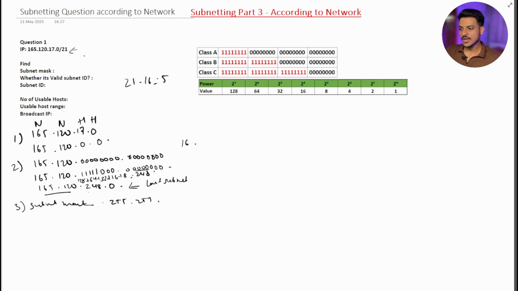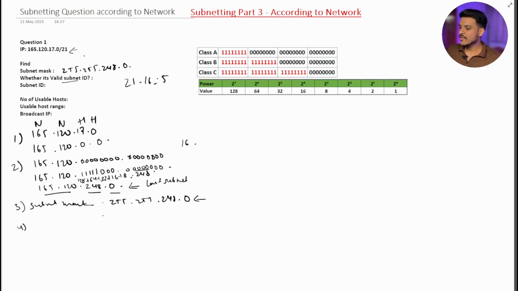From the third octet we have also given some bits to network, so in decimal it was 248, and the fourth octet is all 0, so in decimal it will be 0 only. So this will be our subnet mask, which I quickly write here: 255.255.248.0.